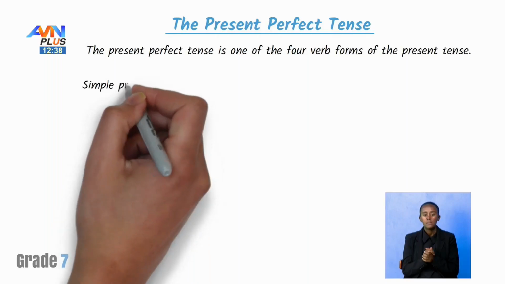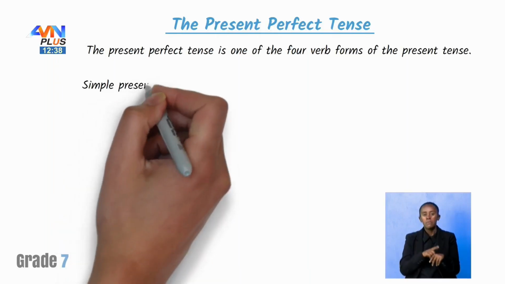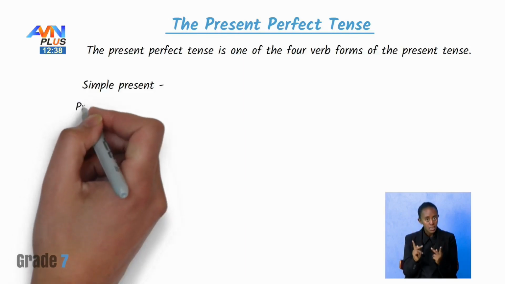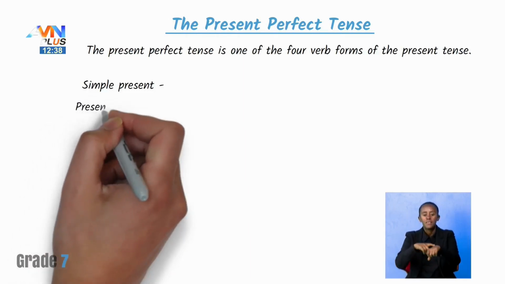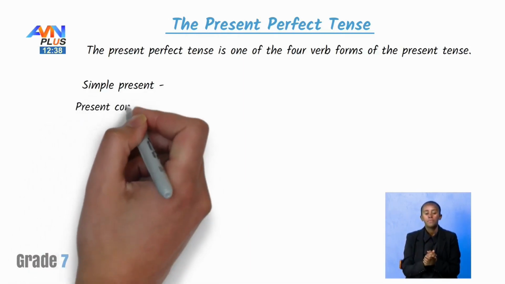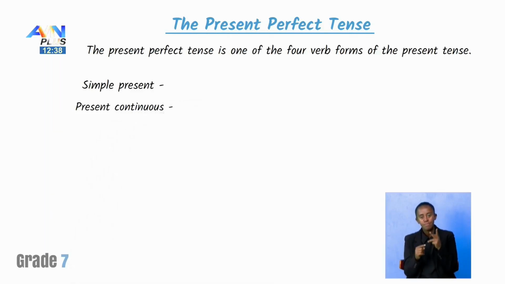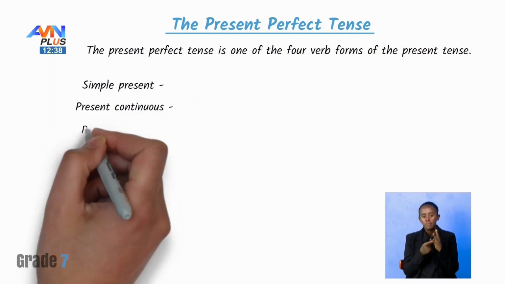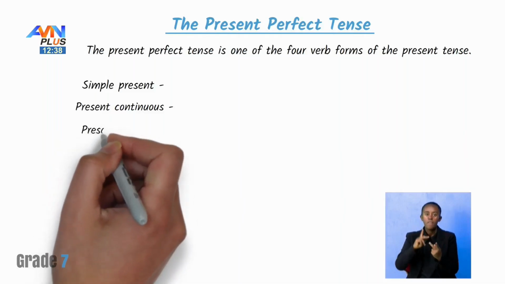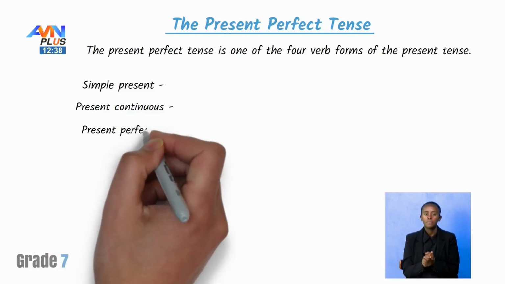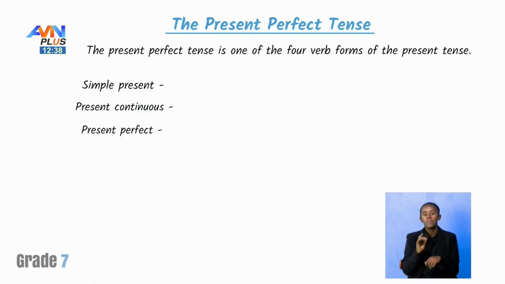We have the simple present tense. We have the present continuous tense. And we have today's topic, which is the present perfect tense. And finally, we have the present perfect continuous tense.